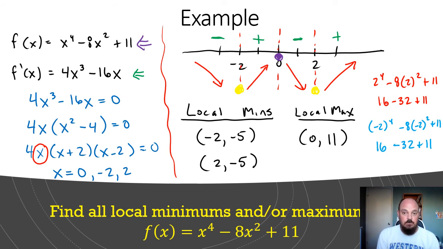You use those intervals to determine whether each critical value represents a maximum, a minimum, or neither. And then once you figure that out, don't forget there's that one extra step at the end. We found the x values of the minimums or the maximums, but then you need to find the rest of the point. All right, so let's see.